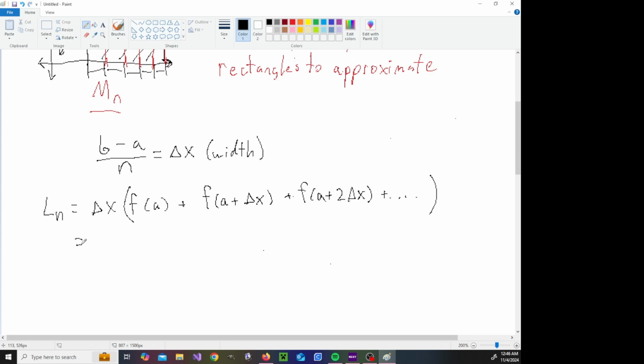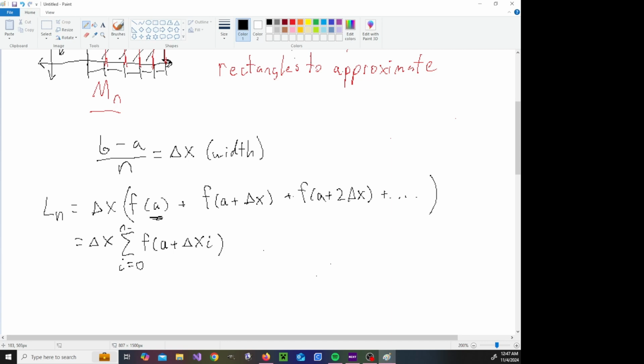Well, hey, I'm adding a lot of pieces, so why don't I use my fancy new sigma notation to represent this? I am going to add some number of delta x to each term, so I'm going to say delta x times i, but for my first term, I'm not going to add any. So where do I start? i has to be 0. But if I want n many rectangles and I start at 0, then how high do I go?